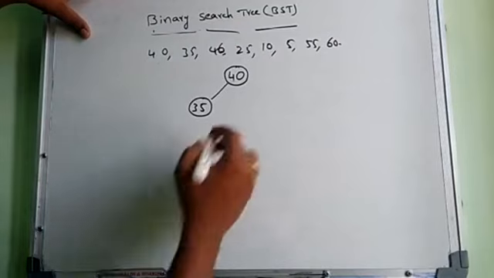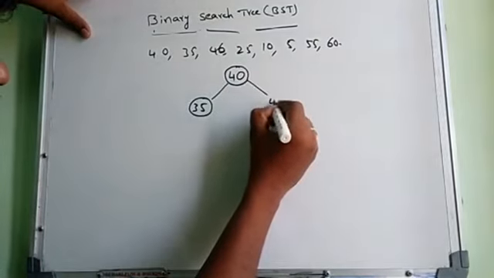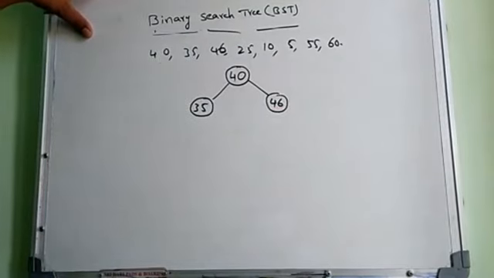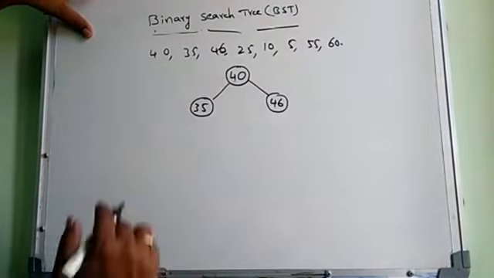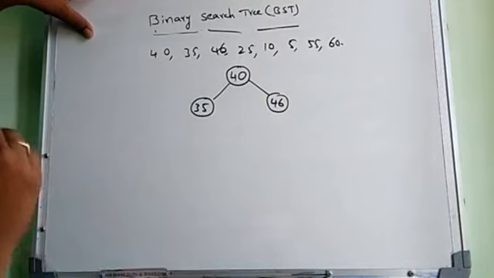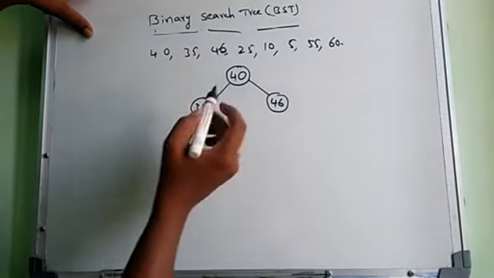Next, 46 is greater than 40, so add it on the right. Next, 25 is compared with 40, so it can be decided it goes only to the left, no need to go to the right because it is less than 40.